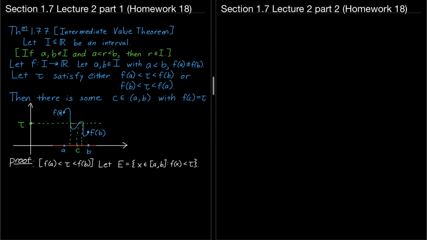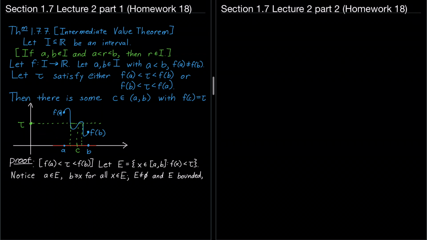And notice that A is in E, so E is not the empty set, and B is bigger than x for all x in E, so E is non-empty and is bounded.